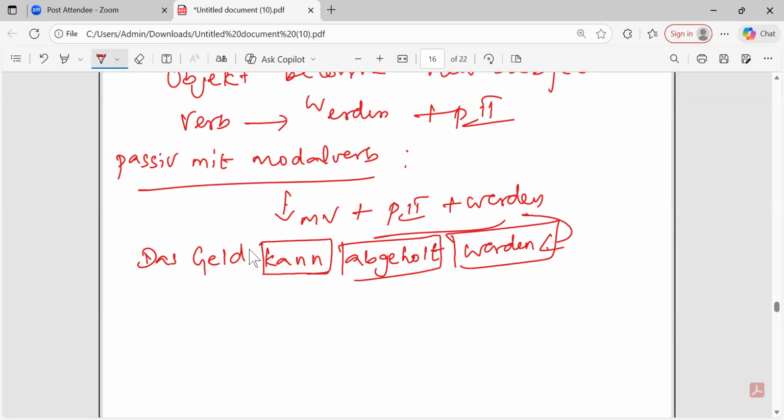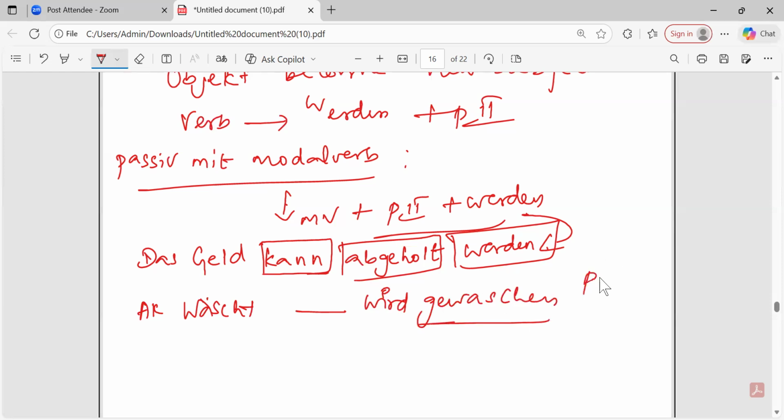Clear? So for example, the active: washed. Wir waschen. This one is active. Then wird gewaschen, this one is passive. Okay. Gift: wird gegeben.